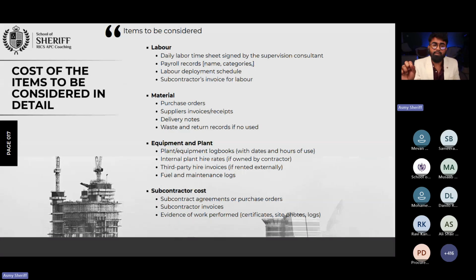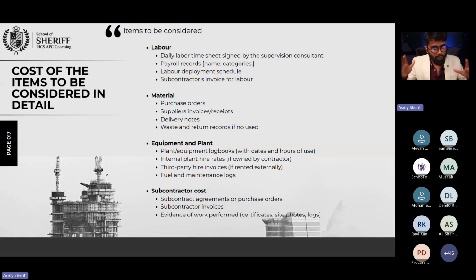If you have a subcontractor, then make sure that you secure the subcontract agreement. Make sure that you have a proper purchase order. Ensure that you have a performance certificate, site photos, log, signed certification, WIR, MIR checkup, material inspection request or work inspection request, anything signed by the supervision consultant, right?